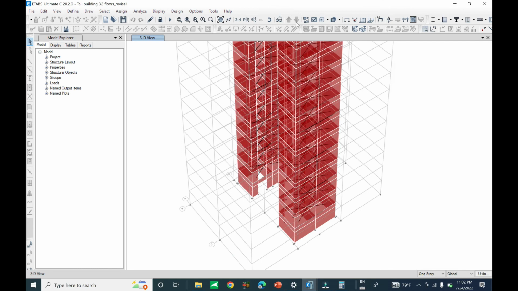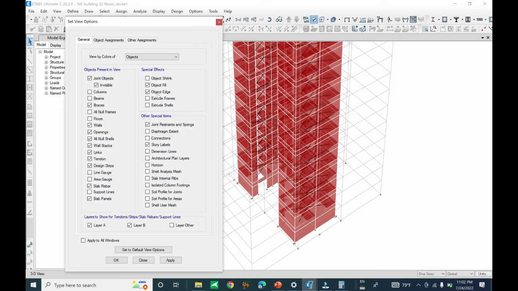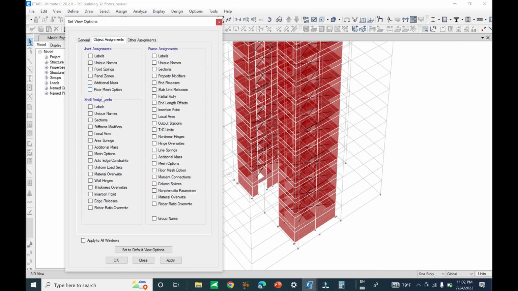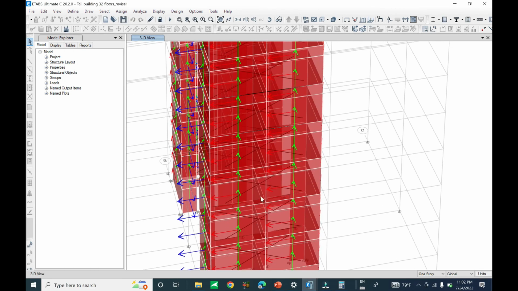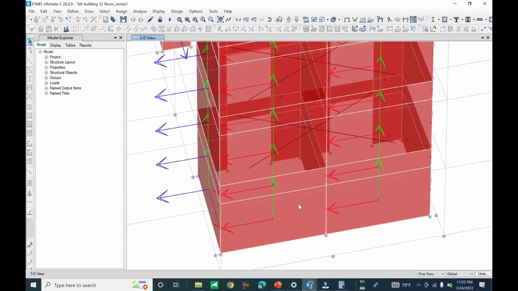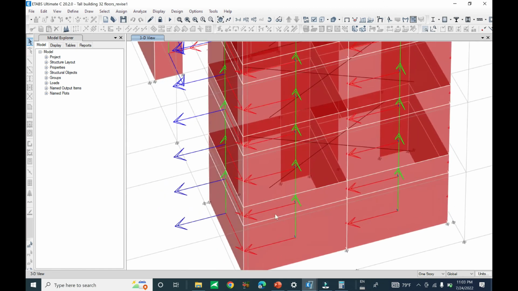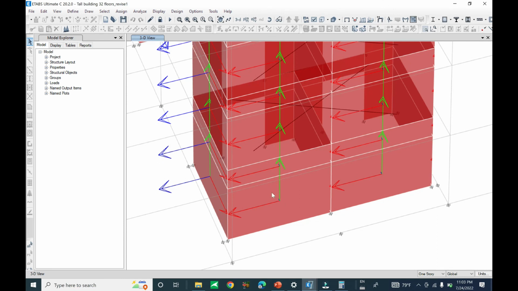Now let's click on display option again, object assignments, show local axis on the shell element. Now you can check here the local axis. In this panel, the local axis Z is inside, and in this panel, the local axis Z is outside.